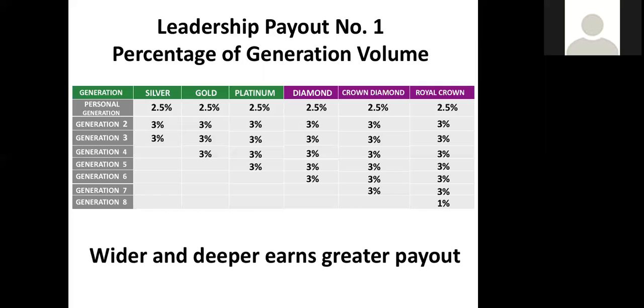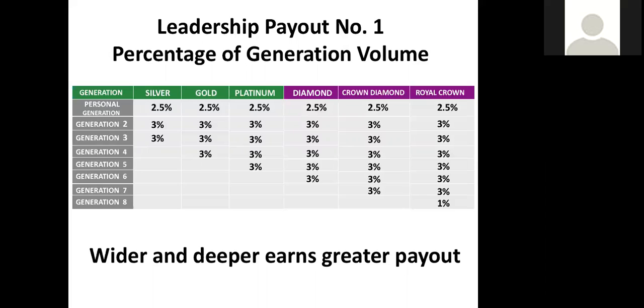Now, you will notice that depending on the rank that you achieve will determine the number of levels that you can be paid generation commissions on. So if you're a silver and you have a silver underneath you, and they've built a silver underneath them, and then that member's built a silver under them, that would be considered generation level 4.